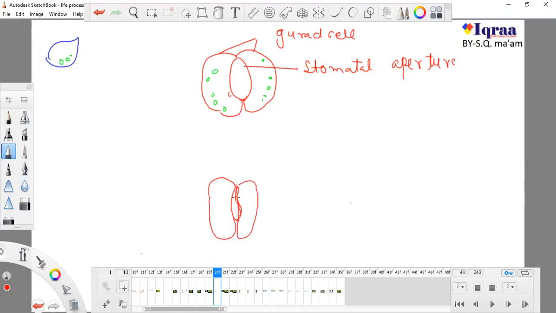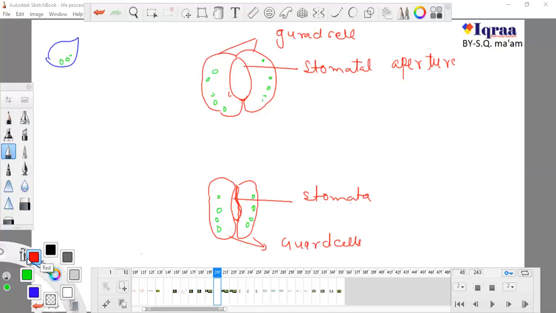So this is the stomata and these are two guard cells, and in guard cells there is the presence of chloroplast, or chlorophyll.